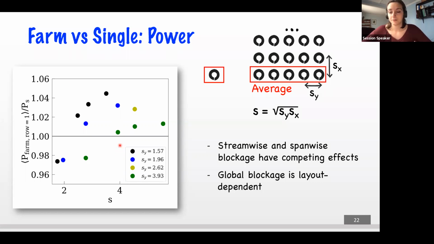So when compared to a single turbine anyway, when you look at these two configurations, even though the mean spacing of the turbines is the same, the actual layout is different, and this affects the amount of blockage that is observed.